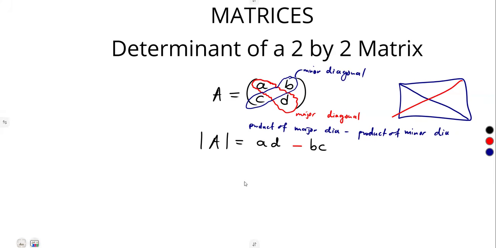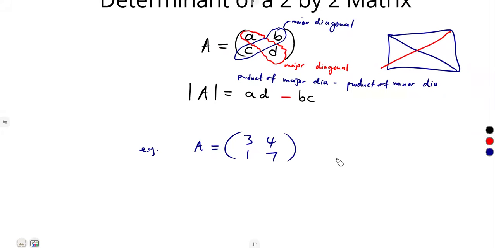Given this condition, let's say we are given, for an example, matrix A being a 2 by 2 matrix, 3, 4, 1, 7. And from that, you're asked to find the determinant of A. How do we determine that determinant?